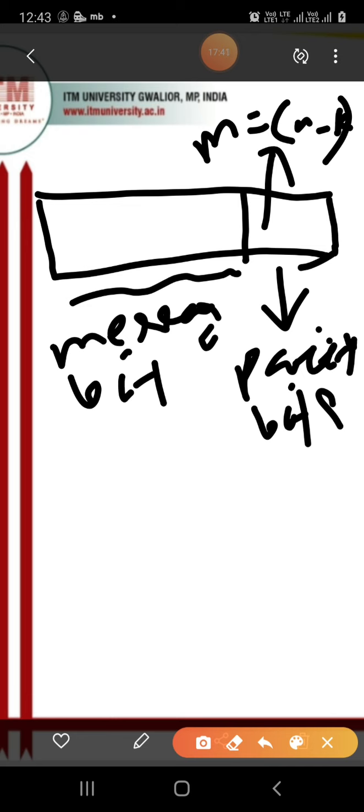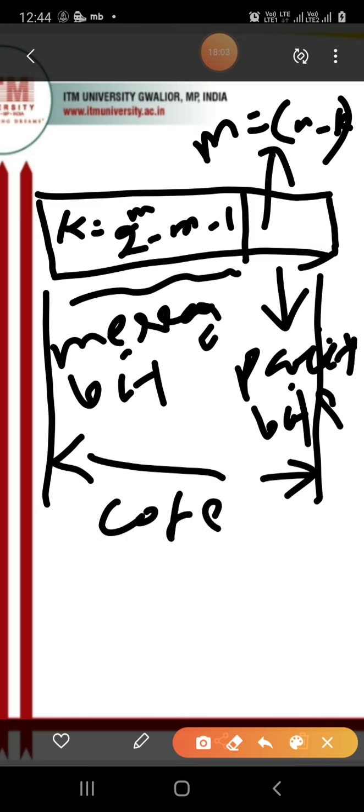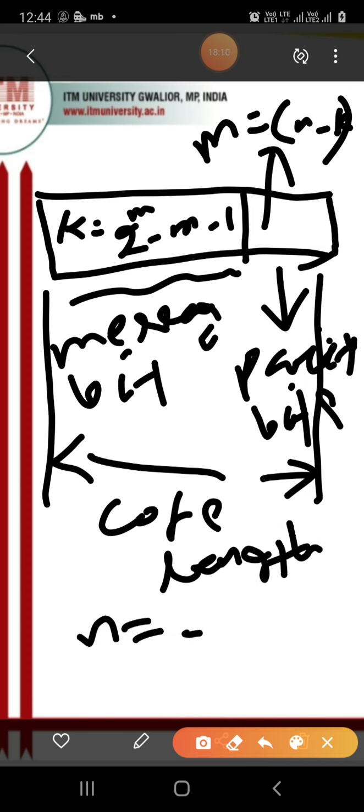The message bits, k, are equal to 2 to the power m minus m minus 1. And the total code length is n, equal to 2 to the power m minus 1.